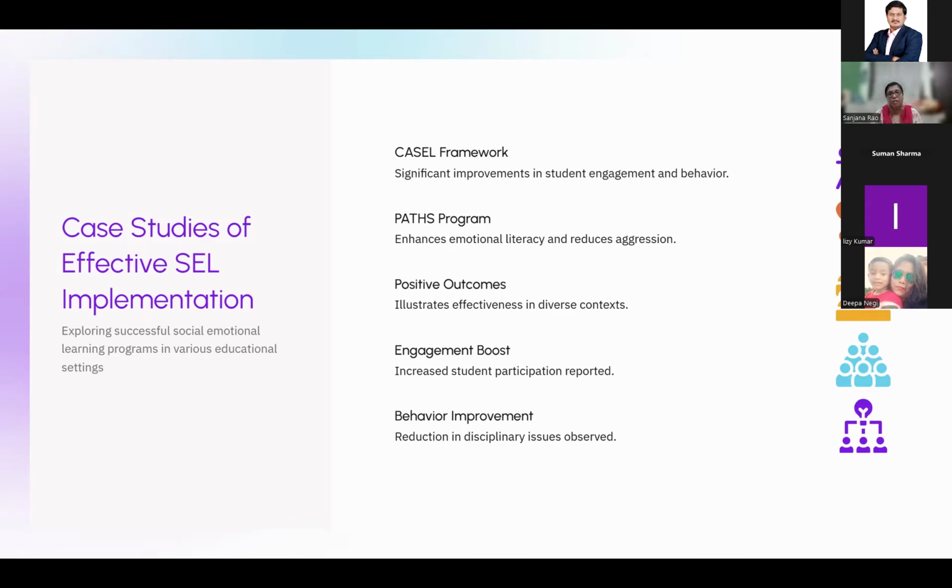It illustrates that by implementing these things, positive outcomes come and engagement boosts. It increases students' participation and rapport. When these things are shared by students from class to class or by the parents, definitely the rapport and the participation of students will be more.